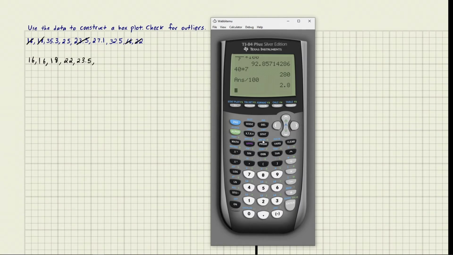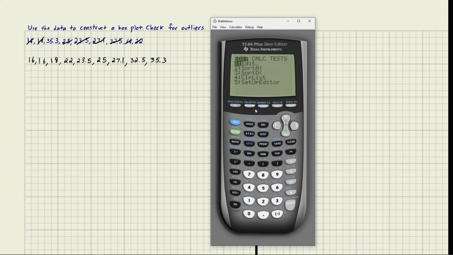After that, we've got 25. And then we've got 27.1. 32.5 and 35.3.